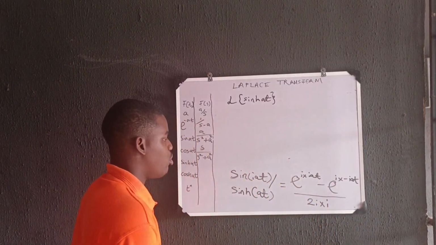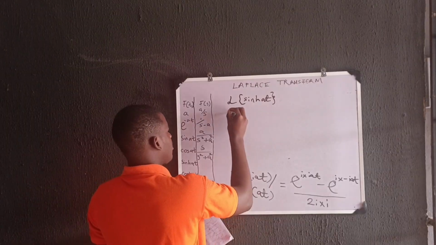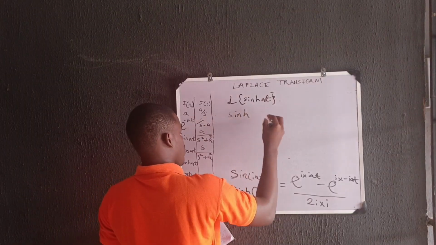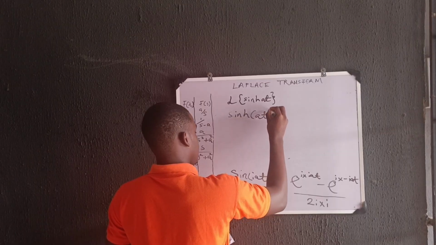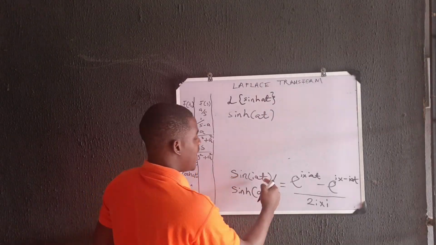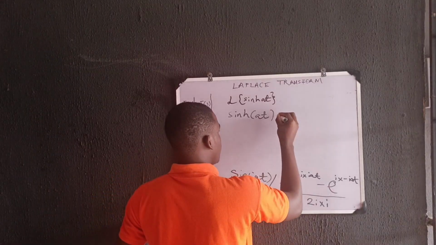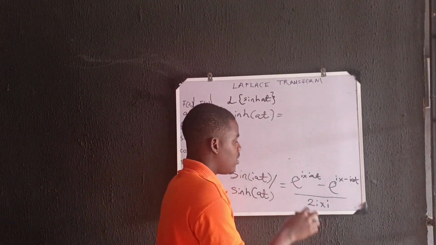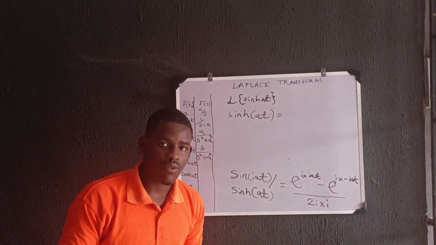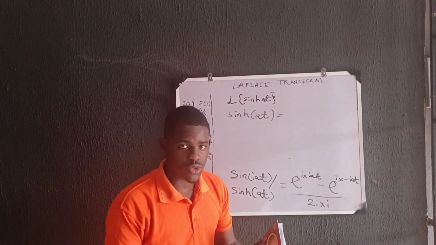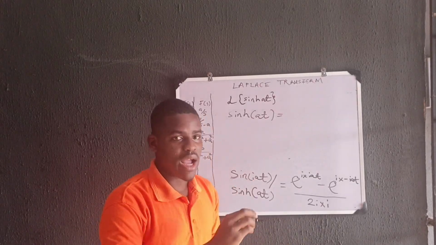So what do we have at this point? We are going to have sine of at or sine of i at, they are both the same thing. It's going to give us what? i, that's the square root of -1, times the square root of -1 is going to give you -1, right?